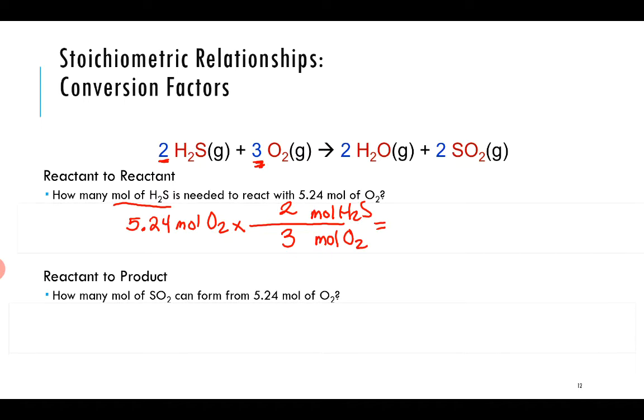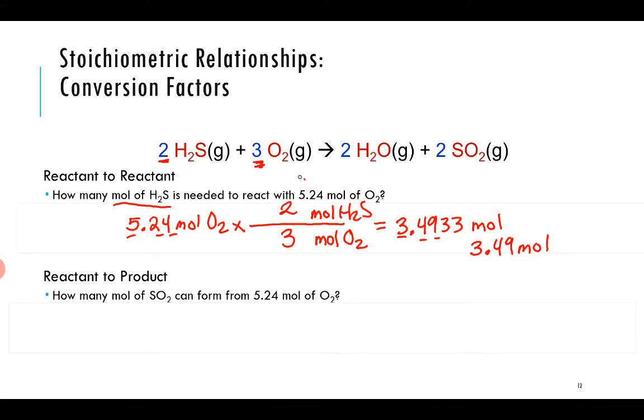And then I can use my calculator: 5.24 times 2 divided by 3. And that is 3.4933 moles. I have 3 sig figs, so that is 3.49 moles.